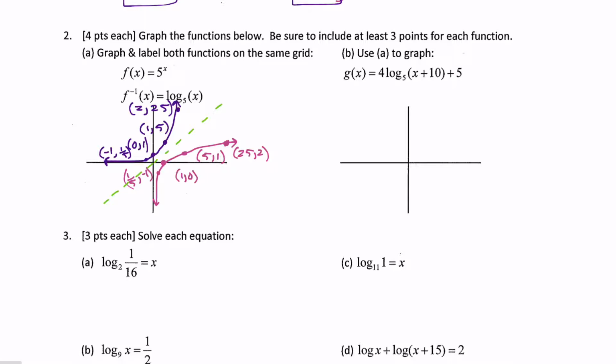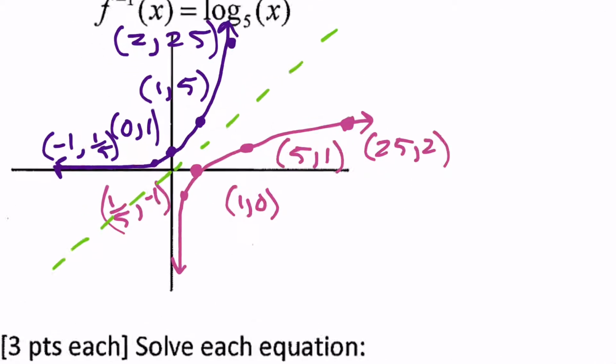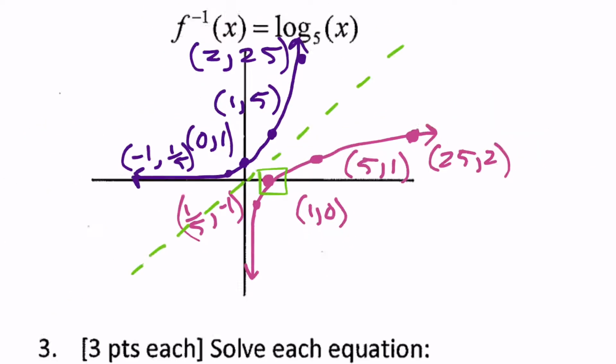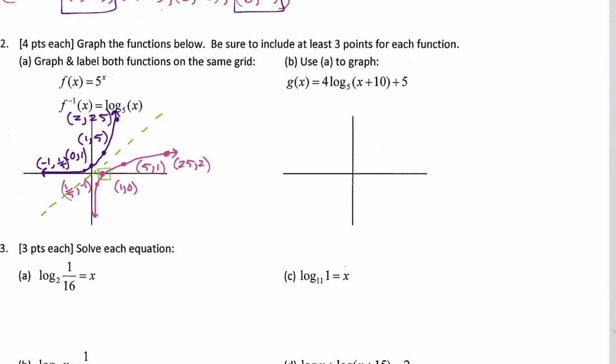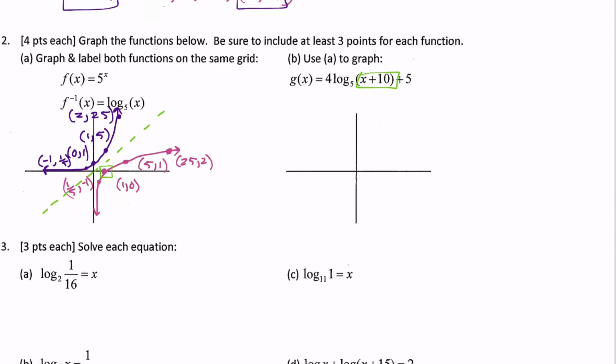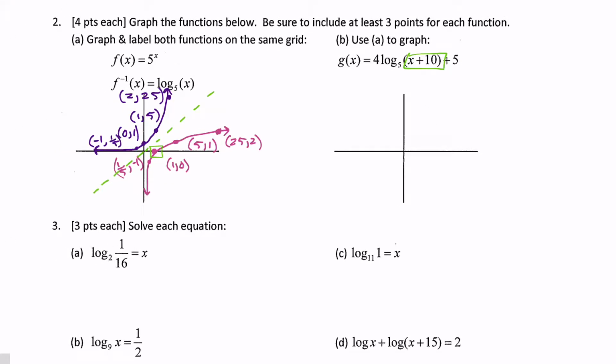So the point that I would recommend you start with is our key point, that x-intercept right there, 1, 0. Let's figure out where that point moves. Well, because of the x plus 10, we know that transformation moves everything to the left 10. So what's the new x value going to be? Well, it's starting at 1, and it's going left 10, so it's going to go to -9.